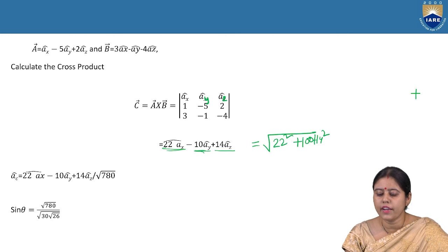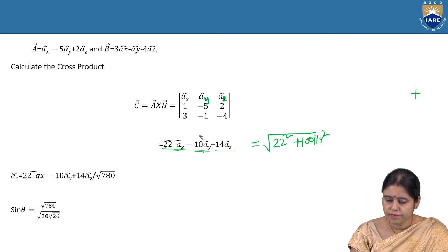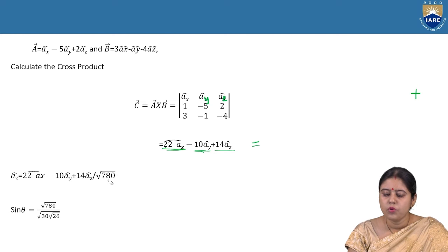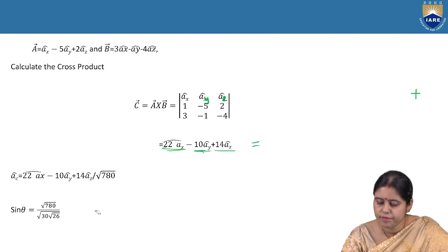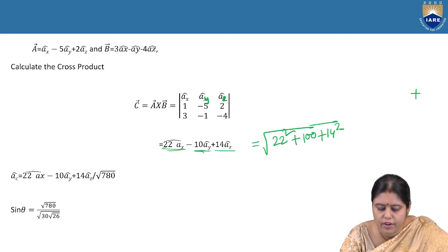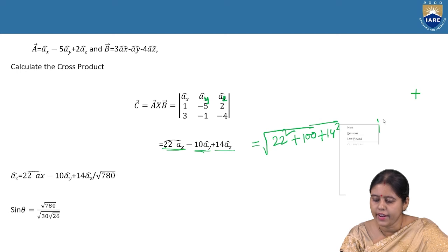And what value are we getting? We are getting the value root of 780. Root of 22 square plus 100 plus 14 square. We are getting the value root 78.